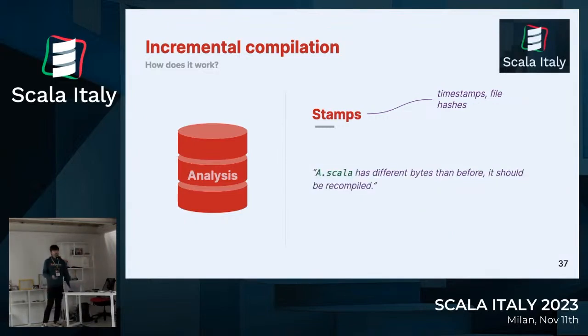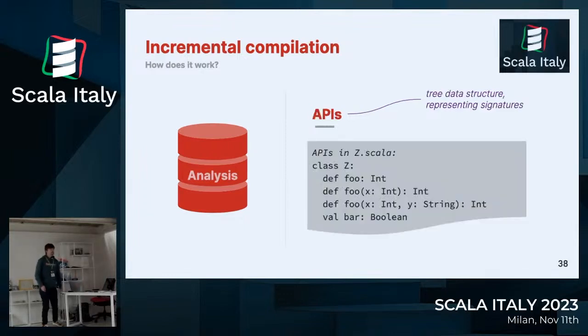So I explained, stamps is when you say the file A changed on the file system, so let's recompile that. Then more interestingly, we have this APIs thing. So let's say you had the Z.scala file, and it has this class Z, and it has these definitions. So it has 3 overloads of foo, and it has 1 value bar.